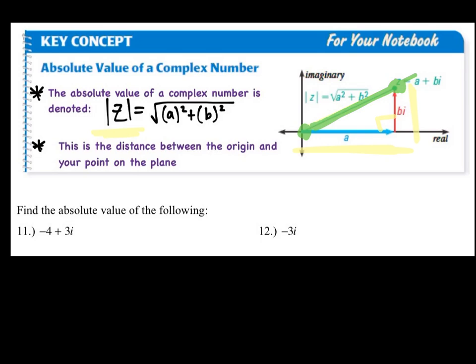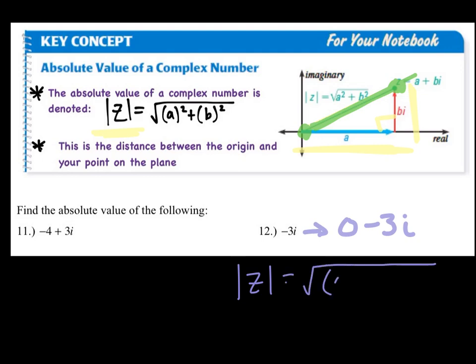So like if we find the absolute value of negative 3i, this is really, like we set up above, 0 minus 3i. If we plug this into our formula, the absolute value, or the distance that point is from the origin, would be the square root of a squared, which is 0, plus b squared, which is negative 3 squared.